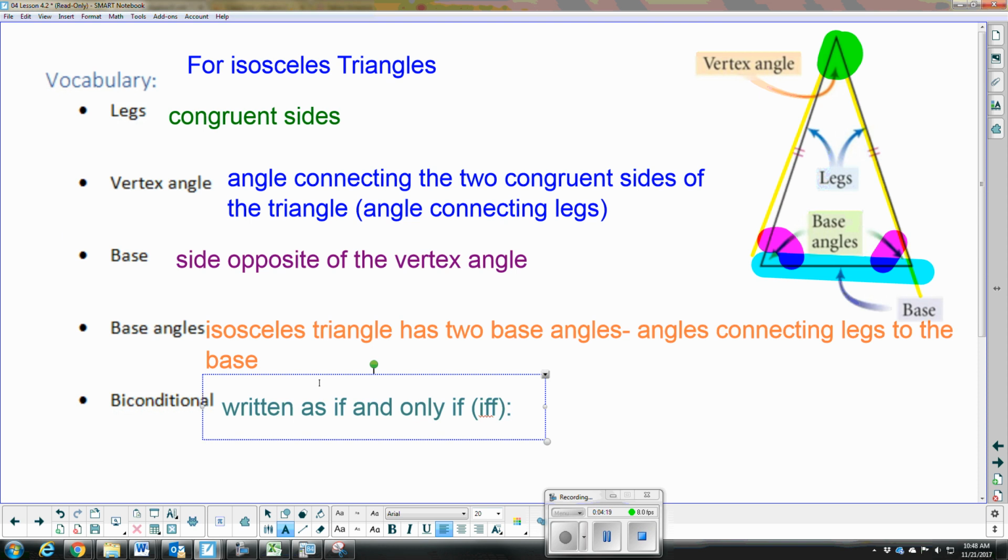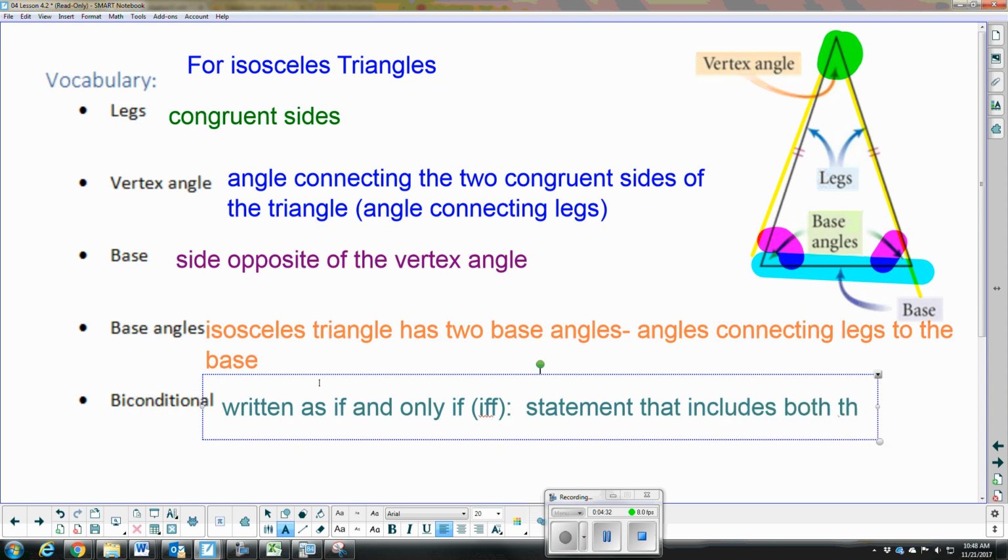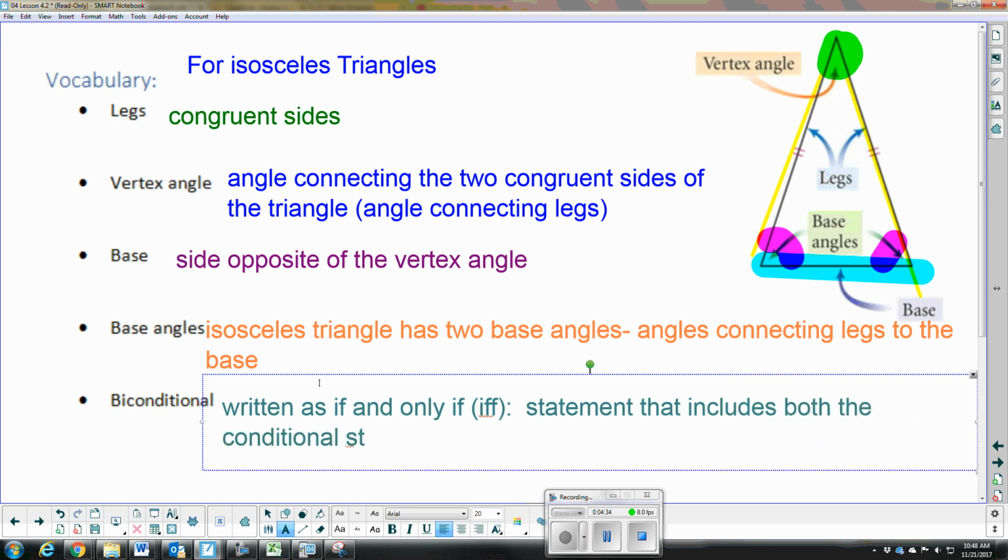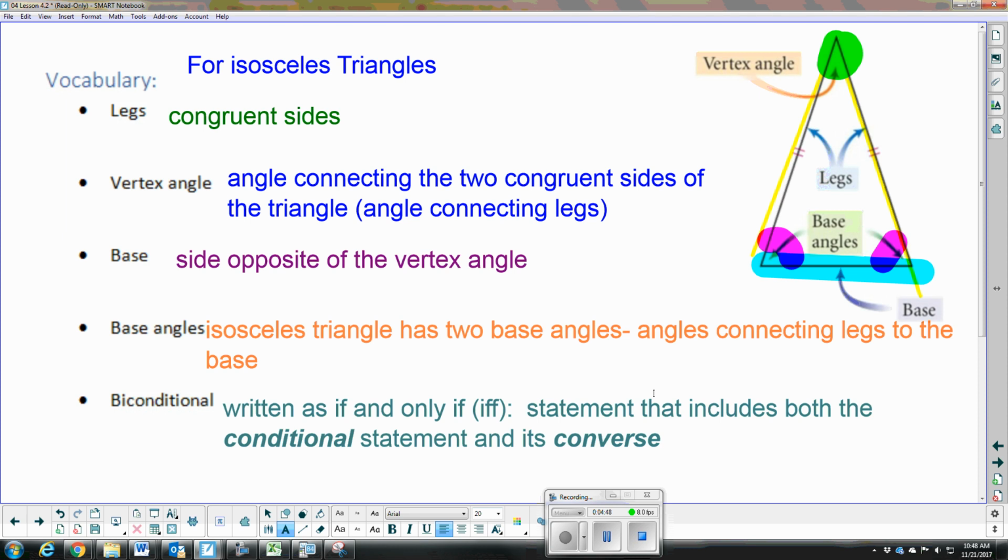So it's a statement that includes both the conditional statement and its converse. So it's a statement that's true both ways.